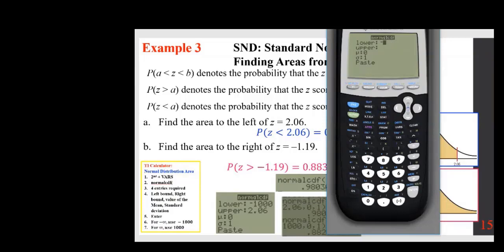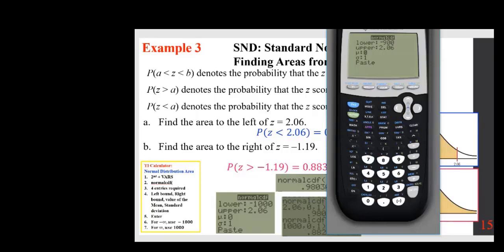Let me change the number just on purpose. Okay, you see -1,000 here, class. But on purpose, let's change it to 900. That's good too. So I'm looking at part A, Z is less than 2.06. So the upper is 2.06.